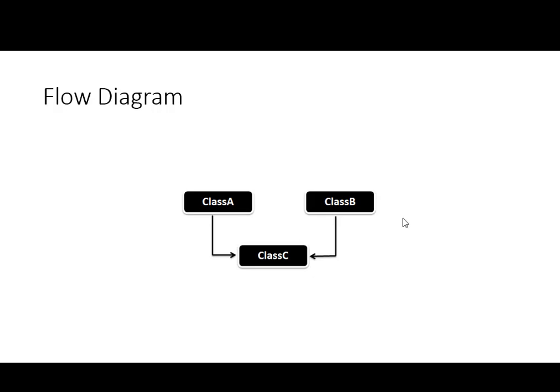So for example, if we have class A and class B, and both are contributing to class C, we can use an interface in replacement of class B or class A. So one of these entities will be an interface and the second one will be a class. That's how we can accomplish multiple inheritance. Or if you wish, you can use more than one interface. There is no limitation, right? For implementing interfaces for a particular class, you can use any number of interfaces you like.